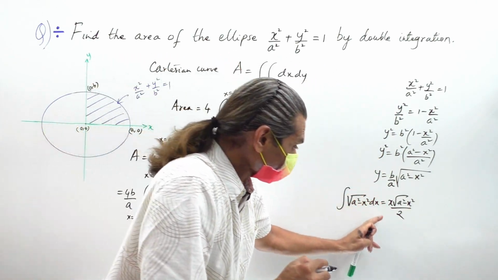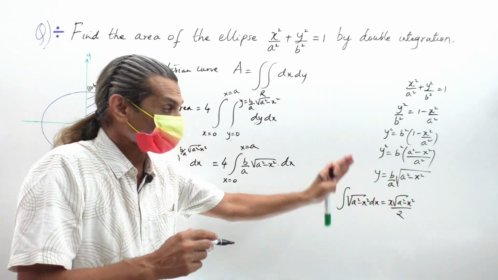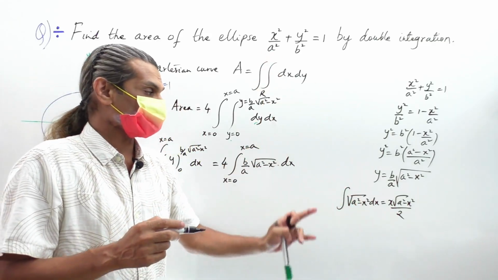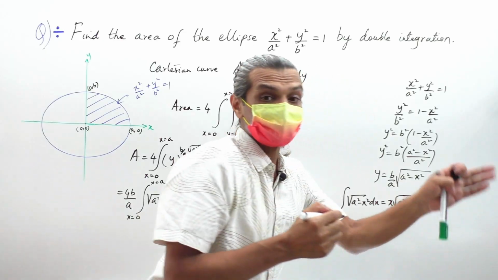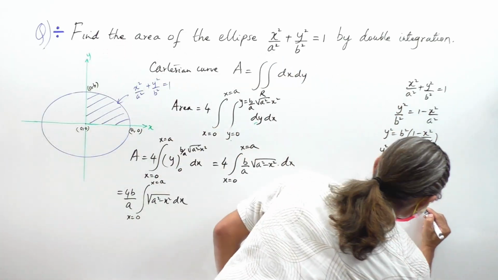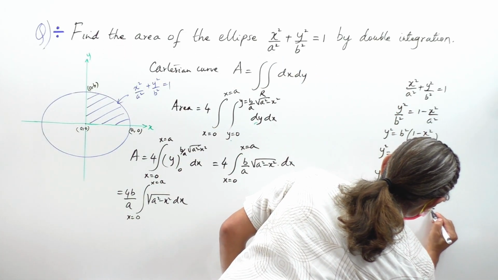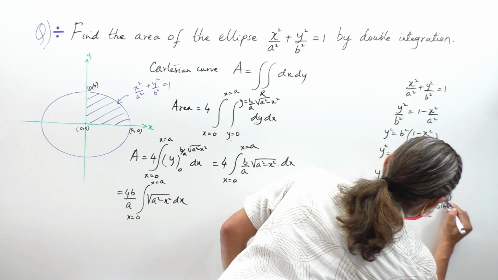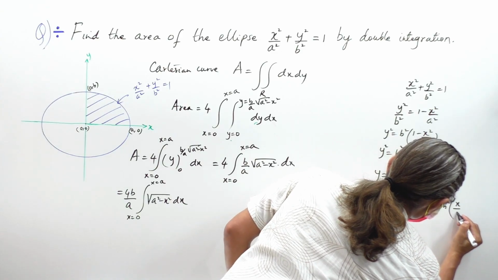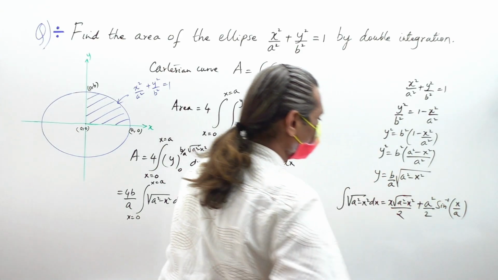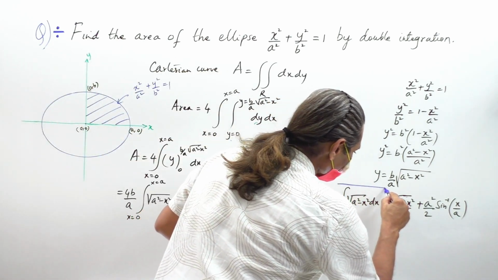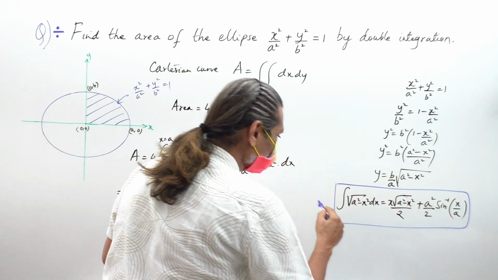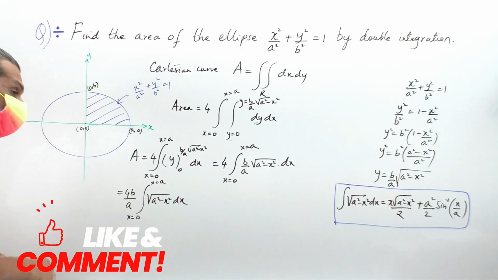Integration of root of a square minus x square dx is equal to x root of a square minus x square over 2 plus a square over 2 sine inverse x by a. Very, very important formula. Let's underline this. This is the formula to find the integration of root of a square minus x square dx.